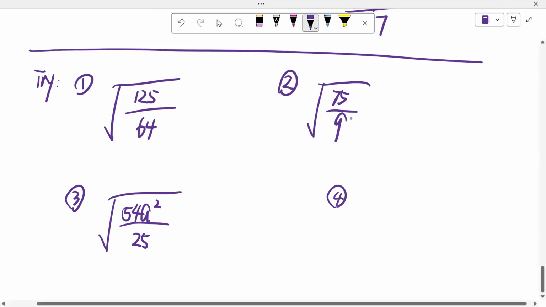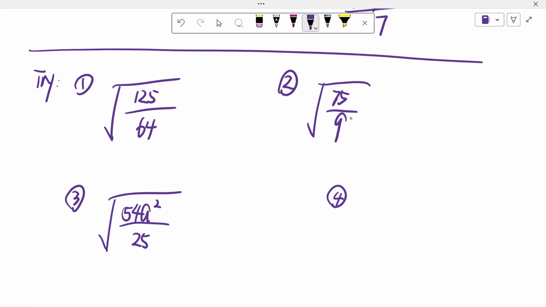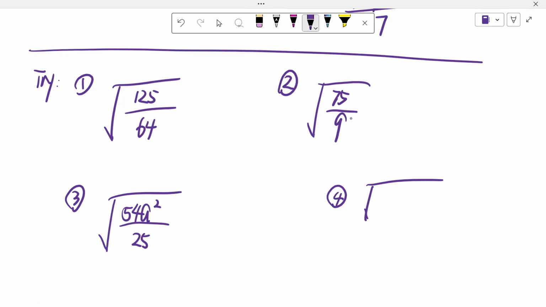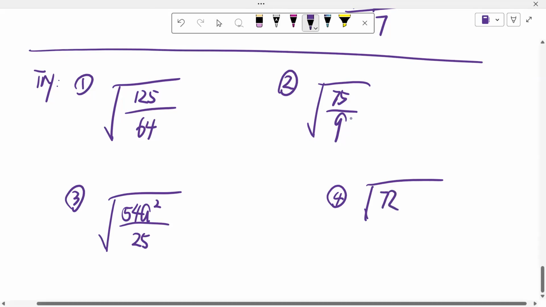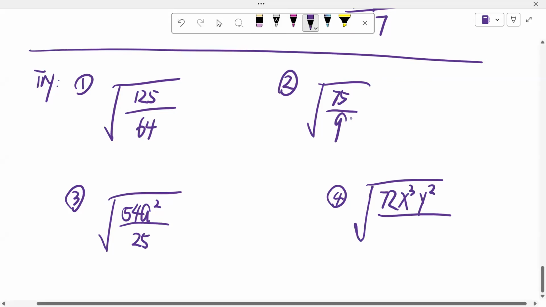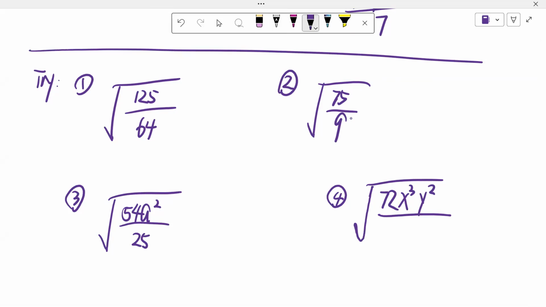Fourth one, this is the square root of 72 x cubed y squared over 144.